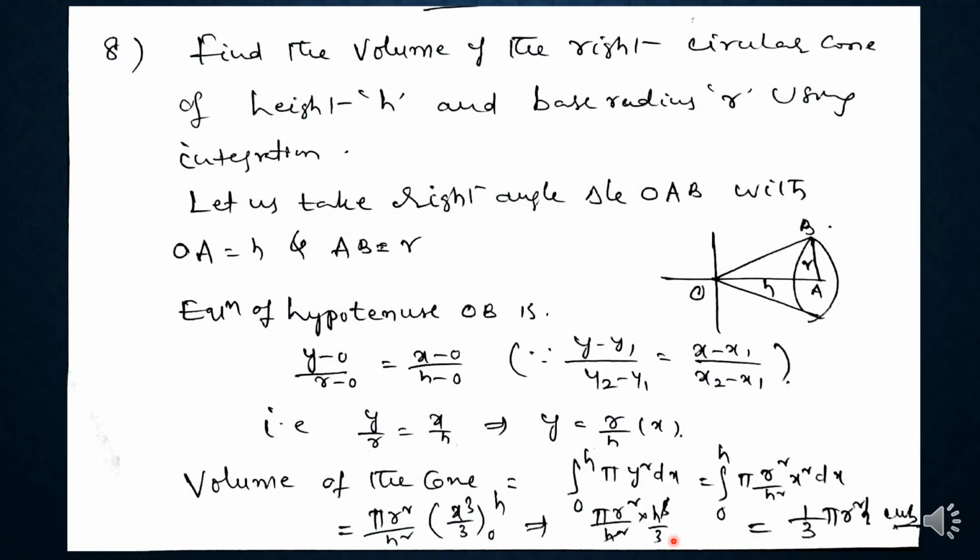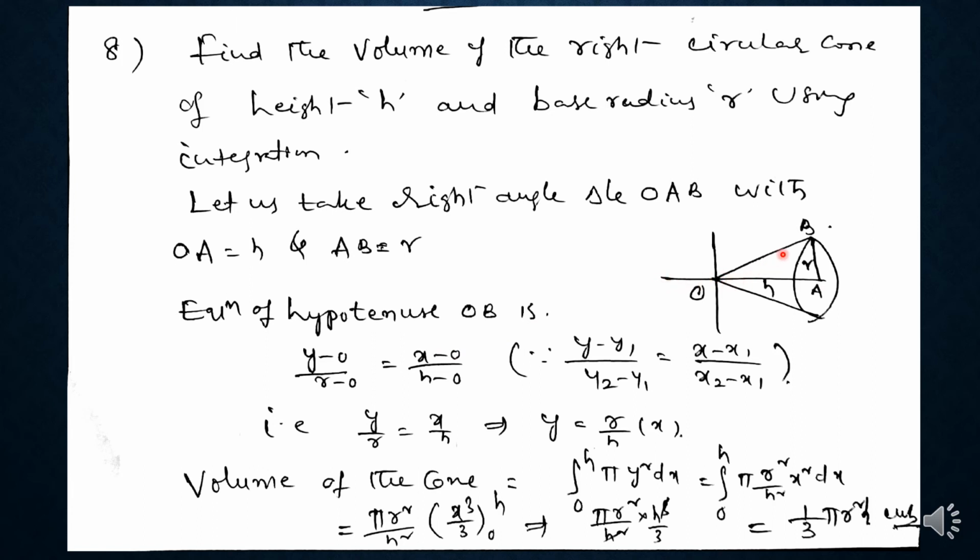Next problem. Find the volume of the right circular cone of height h and base radius r using integration. So we have to find the volume of the right circular cone, which has height h and radius r. To get the cone, let us take a right angle triangle.